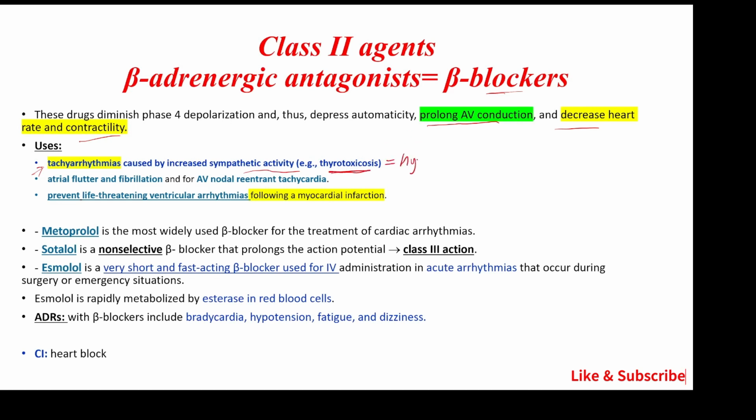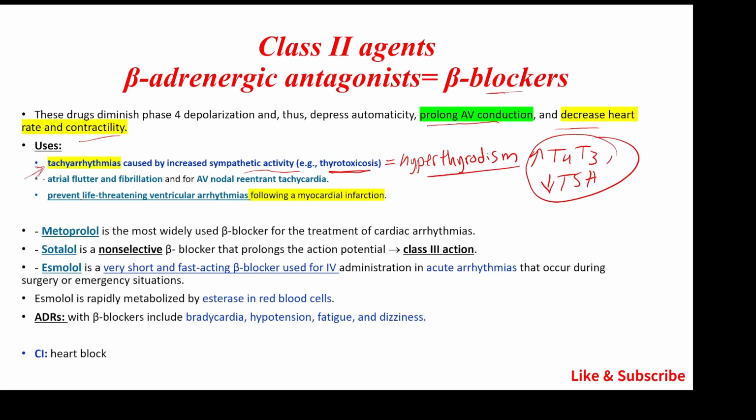Thyrotoxicosis means patients suffering from hyperthyroidism, which is associated with increased levels of T4, T3, and decreased TSH. So this is a case for hyperthyroidism here.